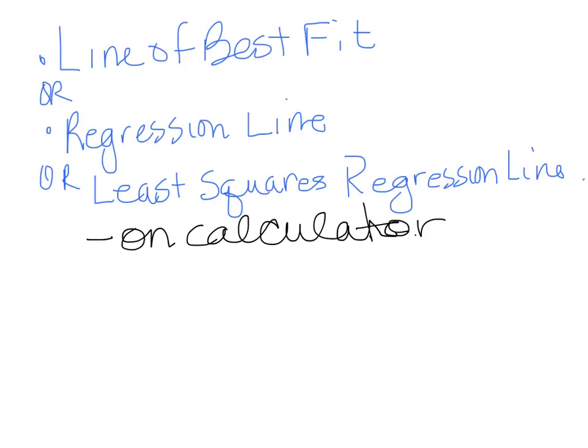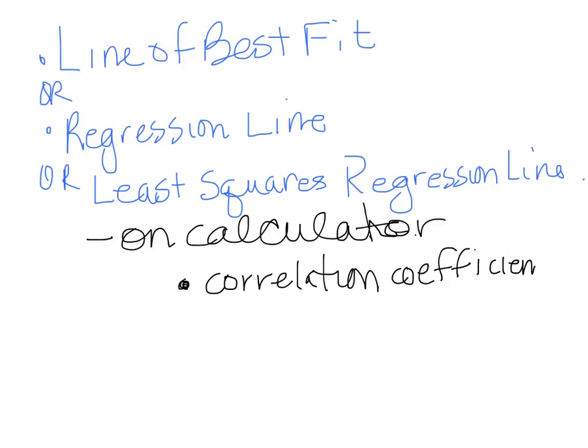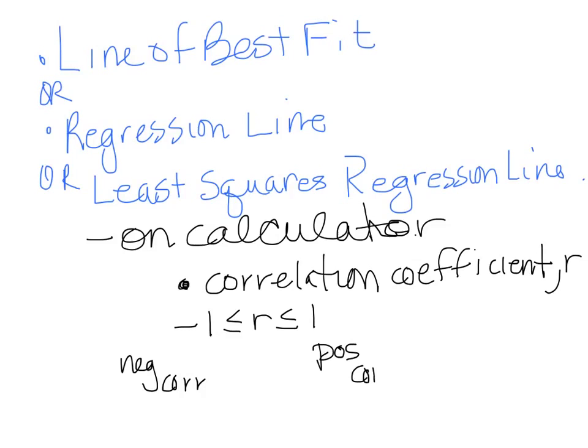The other thing the calculator spits out is this nice correlation coefficient. We talked about how things are correlated positively or negatively according to the slope. R runs from -1 to +1, whether it's a negative correlation or a positive correlation. R equals 0, there in the middle, of course, is no correlation.